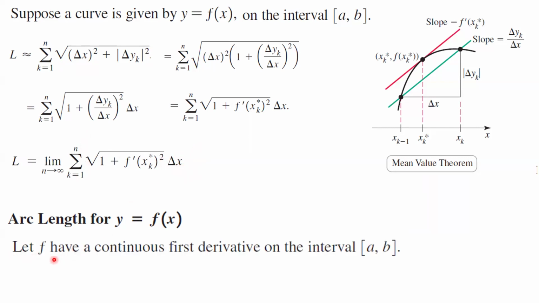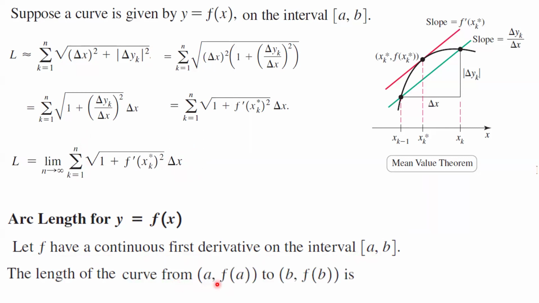So in general, if f has a continuous first derivative on the interval a to b, the length of the curve from a, f of a to b, f of b is nothing but L, which is the definite integral from a to b of the square root of 1 plus f prime of x to the second power dx.